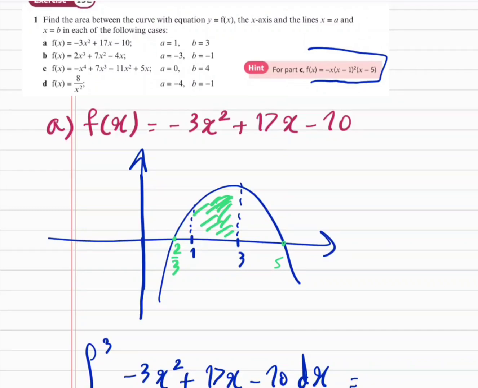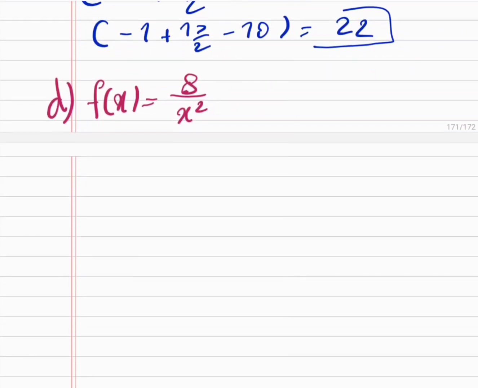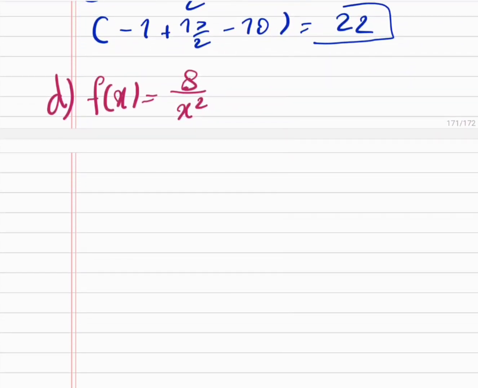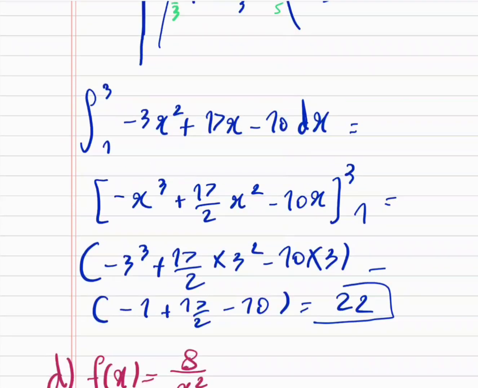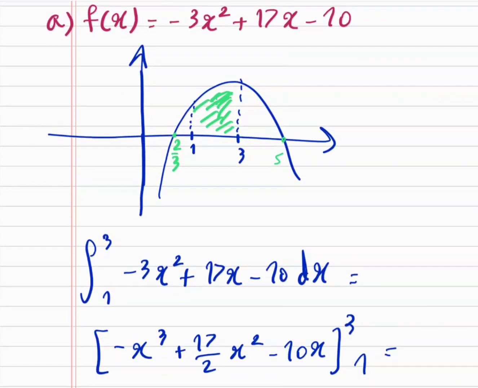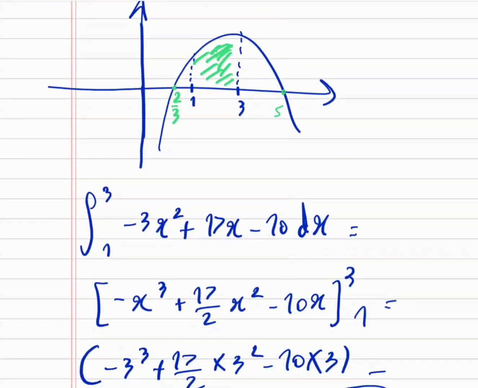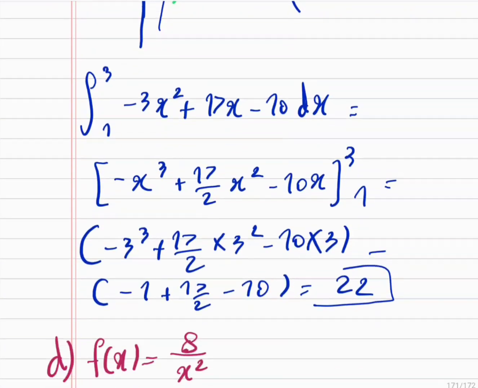So part D, f of x is 8 over x squared, and the bounds are -4 and -1. Again, it's better to sketch that, and later on you will see the reason, because right now you might be saying, but what's the point? If you look at part A, we could have just integrated without doing anything with the sketch, right? We wrote the function, we wrote the limits, and then we just integrated.